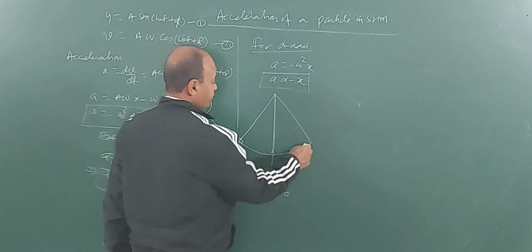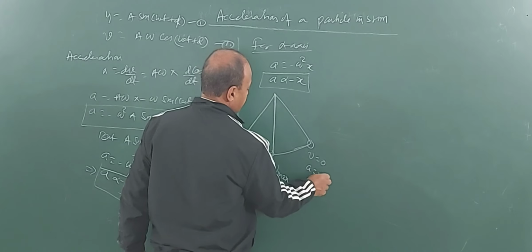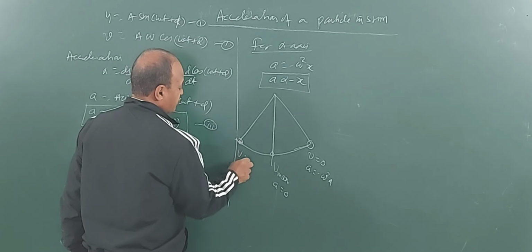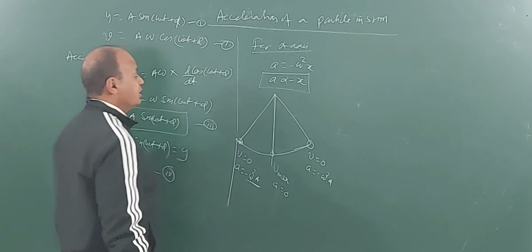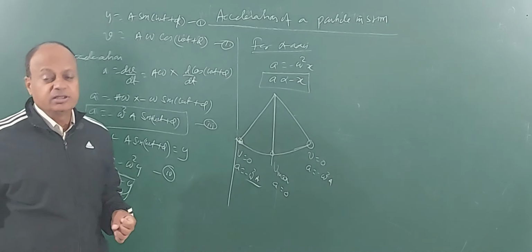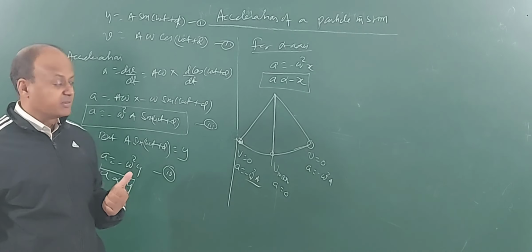At the extreme position out here, velocity is 0, acceleration is minus omega square x, in the opposite direction. Similarly here, velocity is 0 and acceleration is minus omega square into x. So the significance of the negative sign is that acceleration is acting opposite to the displacement.